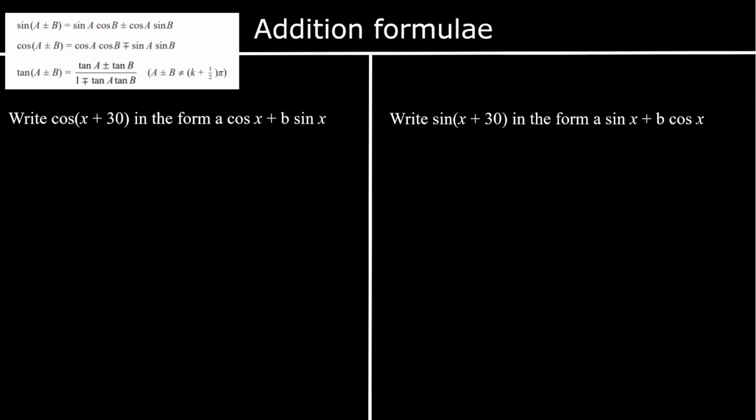This first question: write cos(x + 30), that'll be degrees, in the form A cos x plus B sine x. So it's the cos A plus B formula.